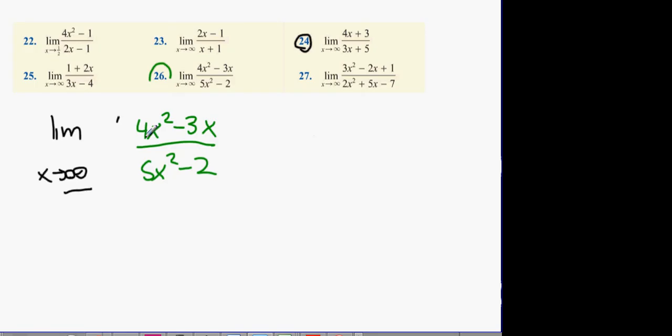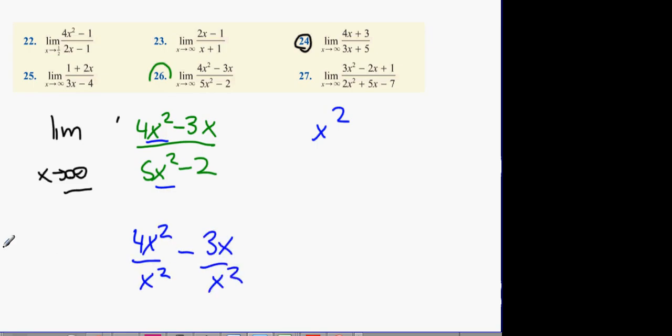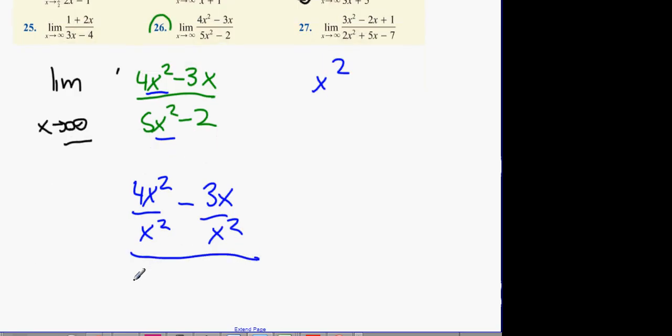The dominant term, or the biggest power of x, is x squared. Divide top and bottom by x squared. Then that's all divided by 5x squared over x squared minus 2 over x squared.